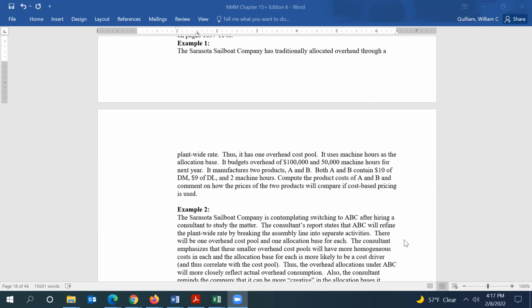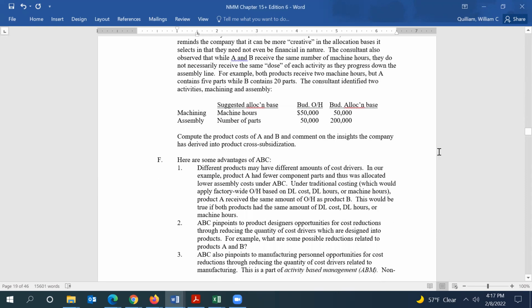for ABC, again, we're going to break this one big overhead cost pool down. So we'll do that here, number 2, and rather than reading everything for now, just trust me on this. This factory broke it down to 2 separate activities, machining and assembly. So machining is where the factory cuts parts out, so metal or wood or whatever the material may be.